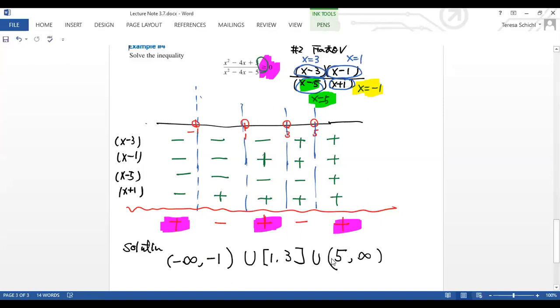So here, be very careful. The reason for the color coding is that both of these two endpoints come from the denominators, so I cannot have a bracket, because a bracket would include that number. That means your denominator would be 0. All right, so that's it.